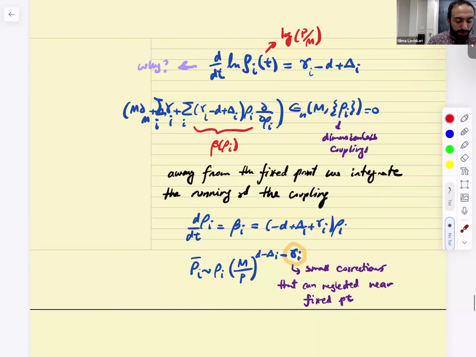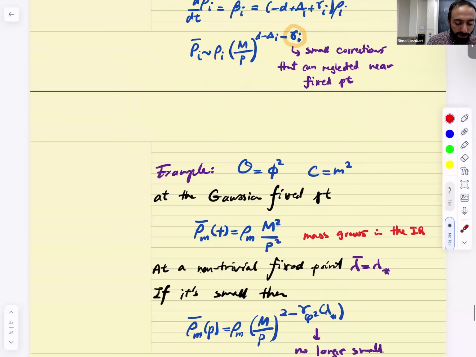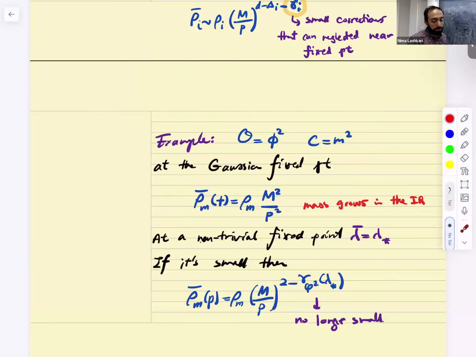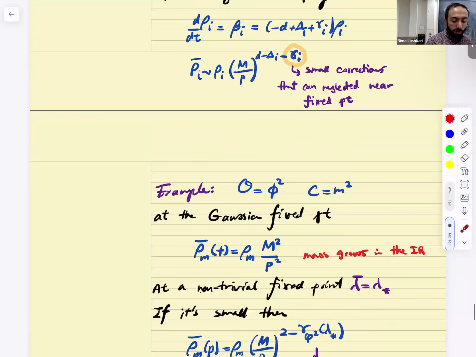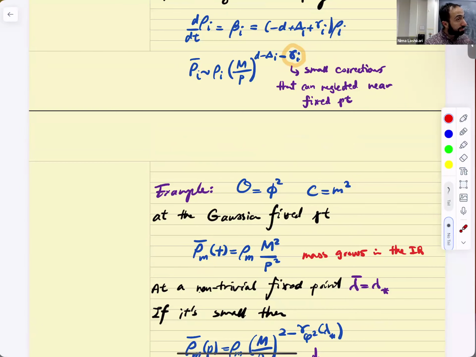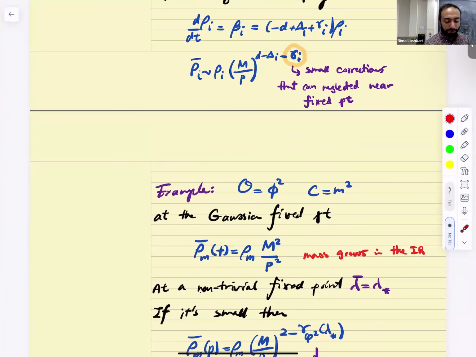This is just a few lines of algebra. So let's make it a little bit less abstract by going through an example. Consider the operator phi squared. What is the coupling associated with this operator? M squared, it's just the mass term. At the Gaussian fixed point, the dimensionless coupling associated to phi squared is rho_M times M squared over p squared.